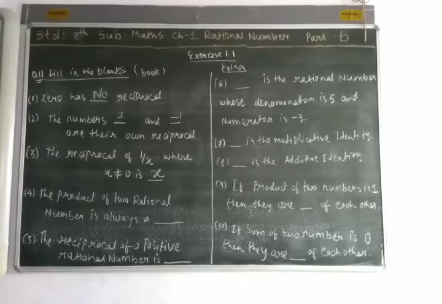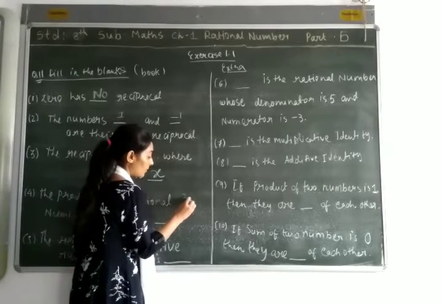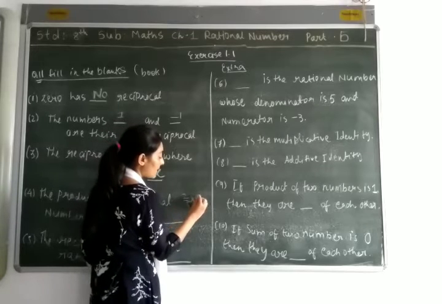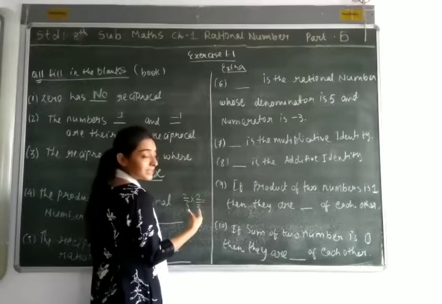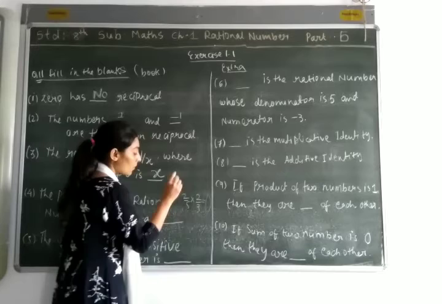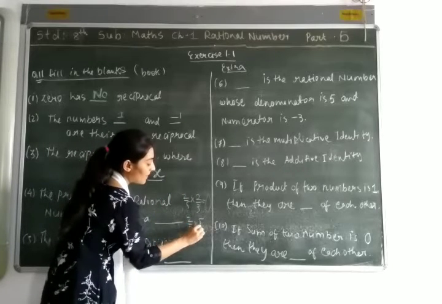Now, the product of two rational numbers is always a blank. You can take any numbers, say 2 by 5 and 2 by 3. When you find the multiplication, you will get a rational number only. One more example: 2 by 5 and 5 by 2.